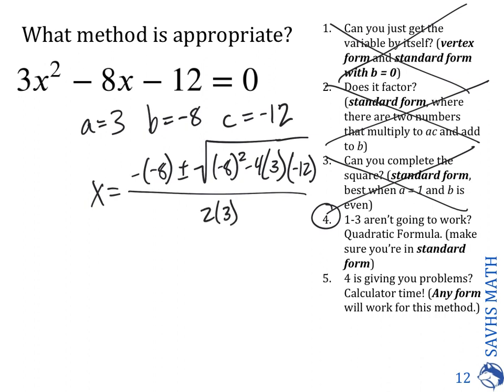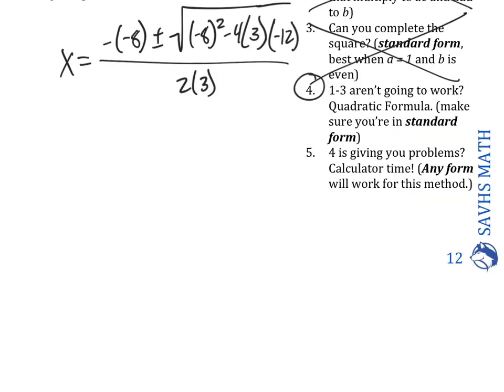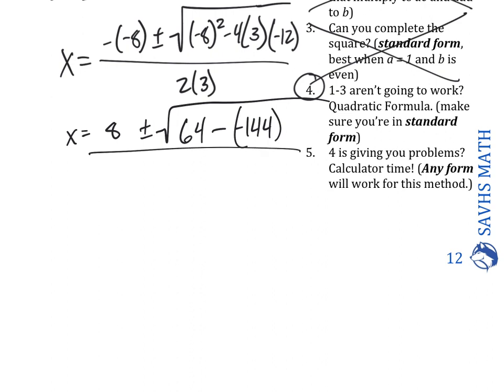Okay, so then I just have a bunch of simplifying to do. So I have to write x equals 8 plus or minus the square root of 64 minus negative 144, all over 6, okay?